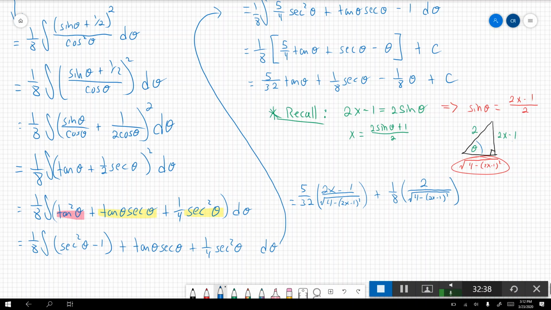So there's secant. Minus 1/8 multiplied by theta. So the big question is, what is theta? Well, if we solve here for theta, taking the inverse, we're going to get 1/8 multiplied by sine inverse of (2x minus 1) over 2. And then naturally we just need the constant, plus C.